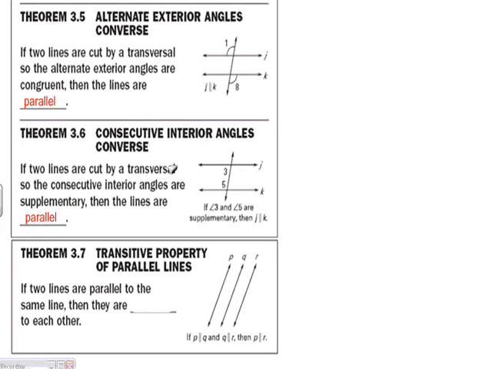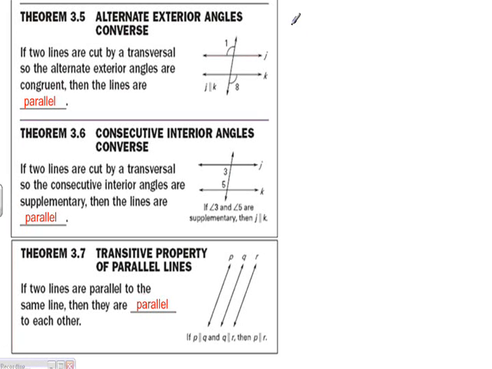So that makes sense. All right, and then we have this last theorem here, transitive property. Well, my transitive property is my if and then property. And so this says if this is parallel to that and that is parallel to that, then that is parallel to that. All right, so we've got a bunch of parallel going on here. And let's talk about the shorthand version of each of these.